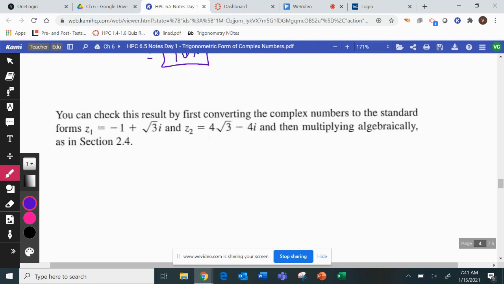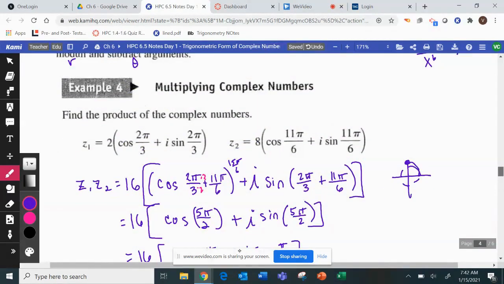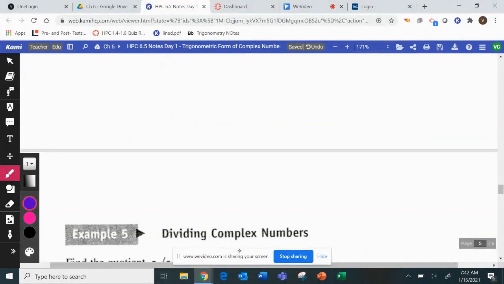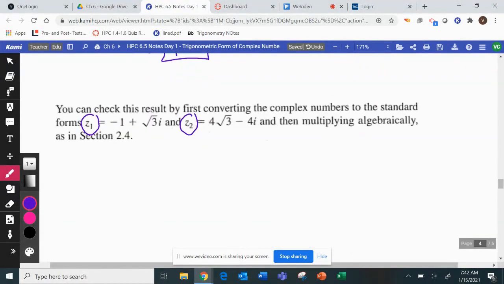So that's going back to the original Z1 and Z2 up here by finding what's the cosine of 2 pi over 3, what's the sine of 2 pi over 3, distributing the 2, and doing the same thing for the other one. You would get -1 plus square root 3i, and then you can multiply that by 4 square root 3 minus 4i, and multiply those algebraically. It should work the exact same. You should get the exact same answer of 16i.